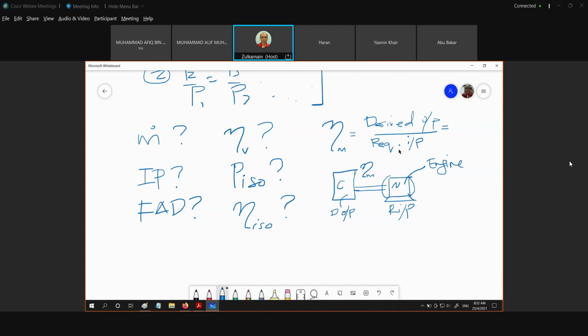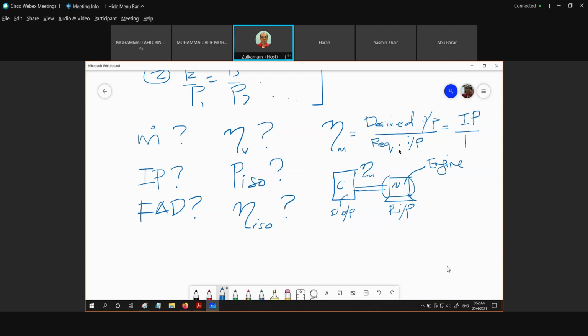As far as the compressor is concerned, what do we evaluate as its input power? I already mentioned input power. Indicated power. That is what we want to put in our compressor. That is our desired output. We need that amount of work or power in order to increase from P1 to P2. And what is our required input?